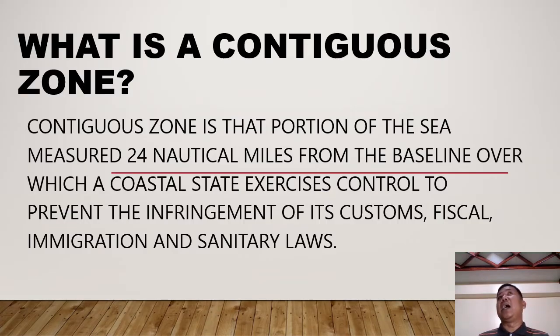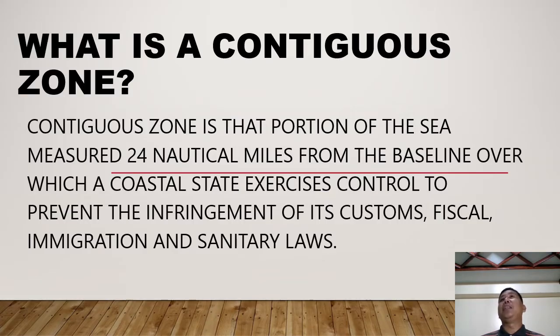What is the role or power of the coastal state within the 24 nautical miles contiguous zone? The coastal state, for example, the Republic of the Philippines, can exercise control to prevent the infringement of its customs. So within the 24 nautical miles, the Republic of the Philippines can implement prevention on the infringement of its customs.